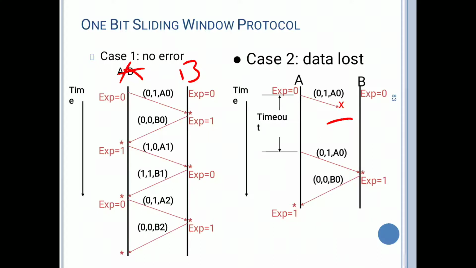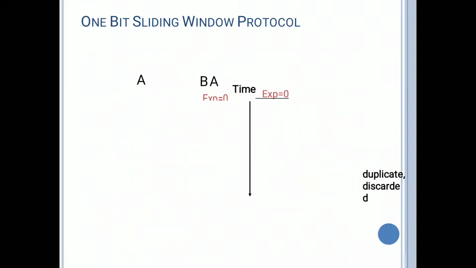It needs to retransmit the same data again, that is A0, to B. Now B will correctly receive it, represented with a star. Now B starts sending the data. So if data is lost, we follow this technique: a timer is applied on the frame and, based on the timeout, the sender retransmits the data. This is the second case.